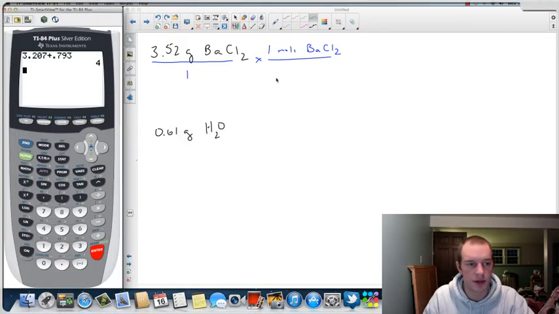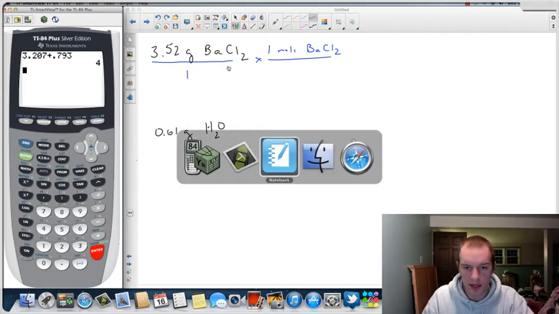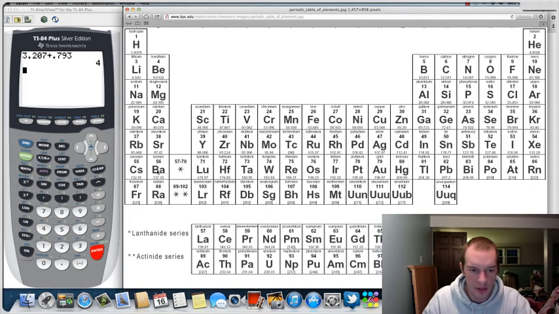So we come over to our calculator, and we need to figure out the molar mass of barium chloride. There's 1 barium and 2 chlorines that make it up. We go to our periodic table, and we can see that barium has a mass of 137.33 and chlorine has a mass of 35.453.